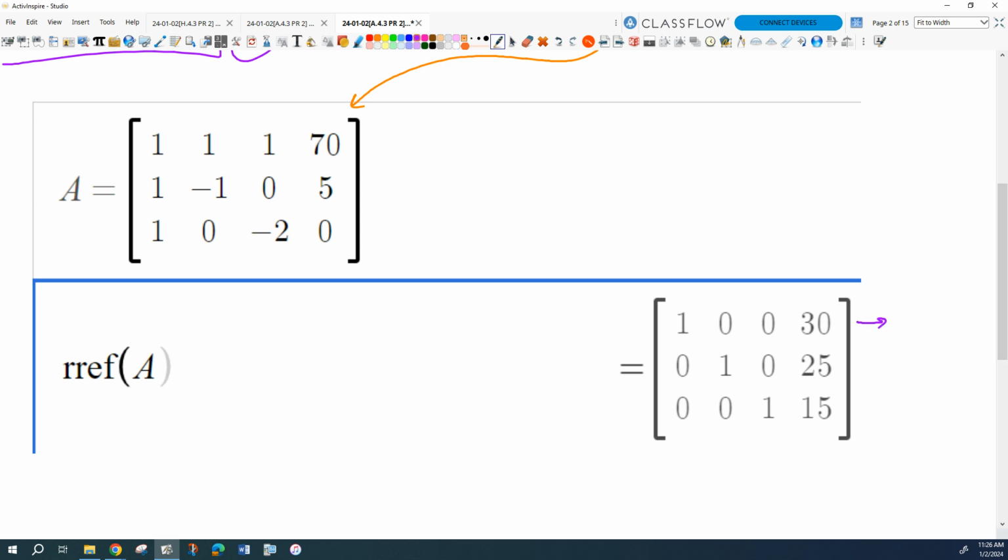What's that first row telling me? Yeah, there it is. Look what this says. It says 1x plus 0y plus 0z. So that's just x, right? X equals 30. This row is telling me y equals 25. Okay, boom. How about that?